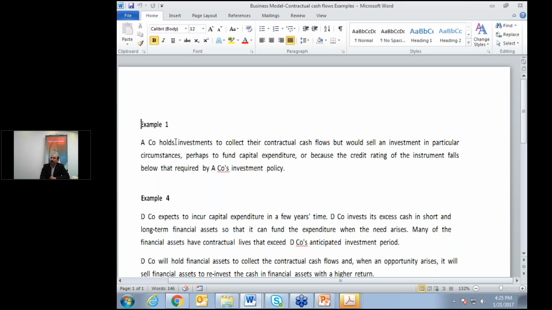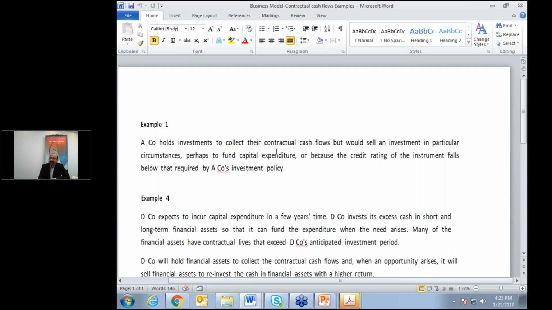A company holds investment to collect their contractual cash flows, but would sell an investment in particular circumstances, perhaps to fund capital expenditure or because the credit rating of the instrument falls below that required by a company's investment policy.